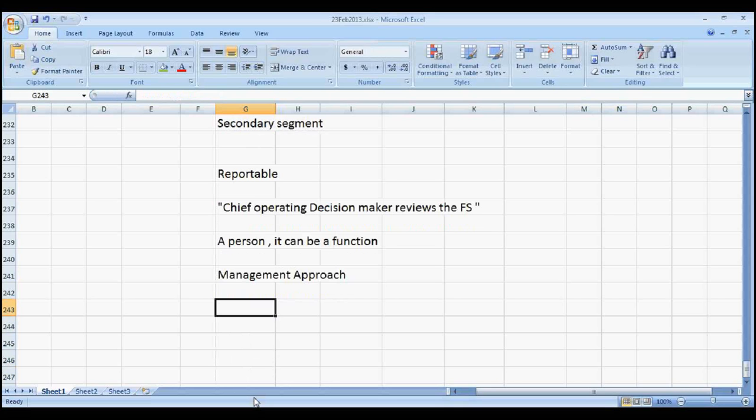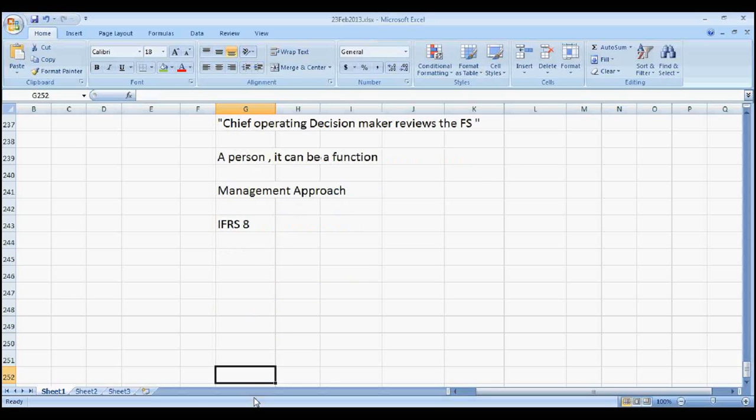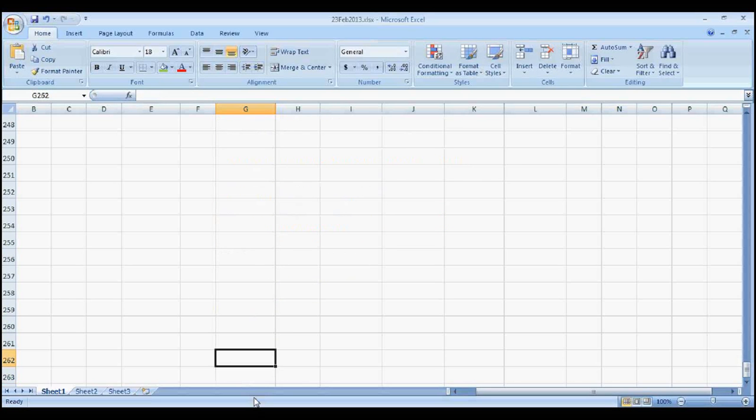So the management approach was introduced under IFRS 8, moving on from IAS 14 to IFRS 8. Under IFRS 8, firstly, we consider those segments as reportable which the management thinks are reportable.